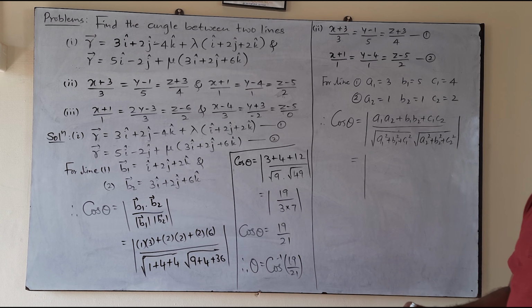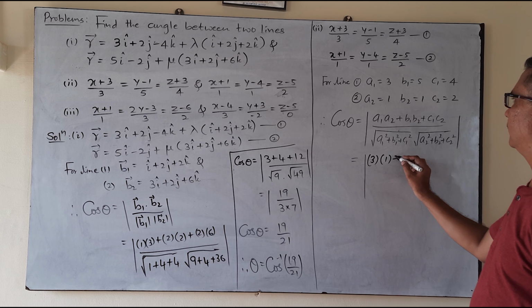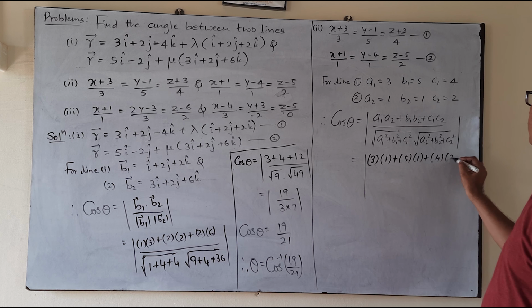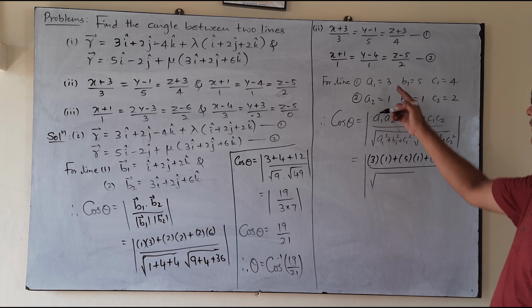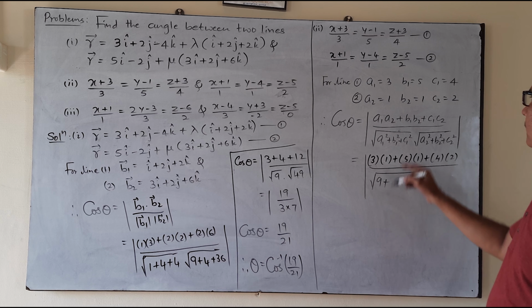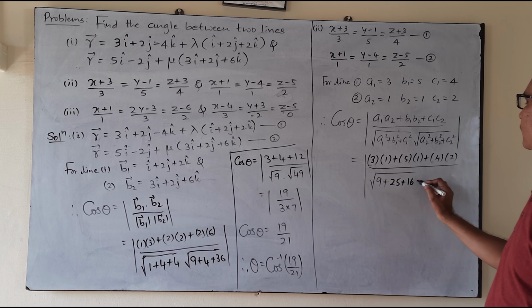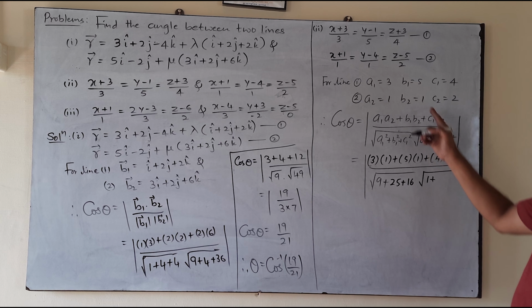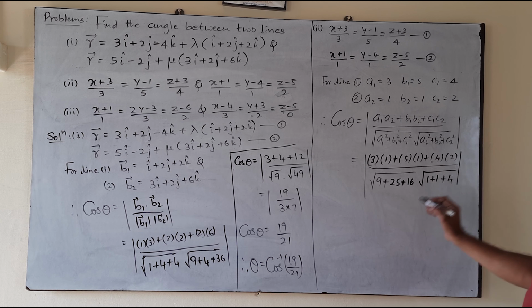Now substitute the values. a1 is 3, a2 is 1, b1 is 5, b2 is 1, c1 is 4, c2 is 2, divided by root of a1 square 3 square 9 plus b1 square 5 square 25, c1 square 4 square 16, into root of a2 square 1, b2 square 1, c2 square 2 square 4.